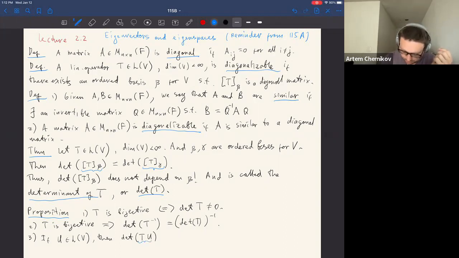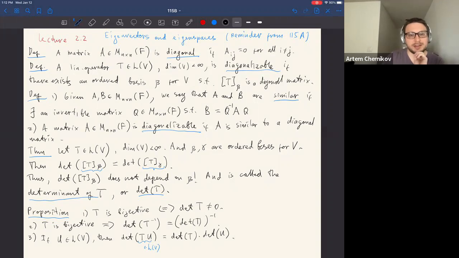Because they're both linear operators on V, so their composition is also a linear operator on V. So the determinant of the composition is just the product of the determinants. So the determinant of T times the determinant of U. Okay. So you see the determinant somehow respects multiplication, commutes with multiplication, another way to say it. Okay. So we have some of these basic properties of determinants.